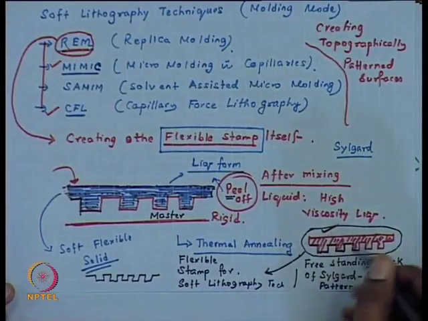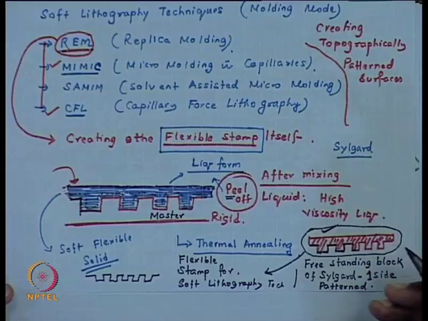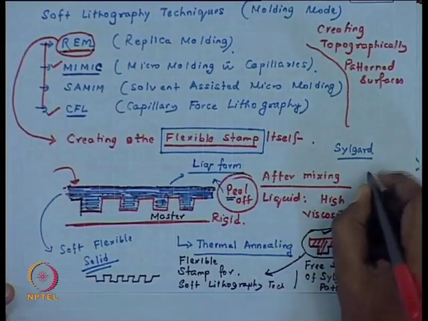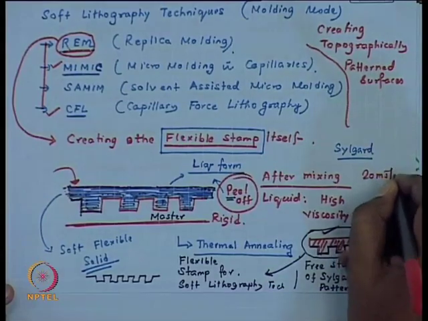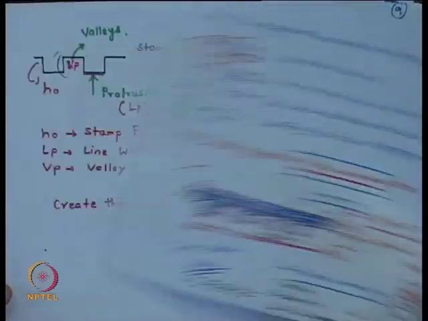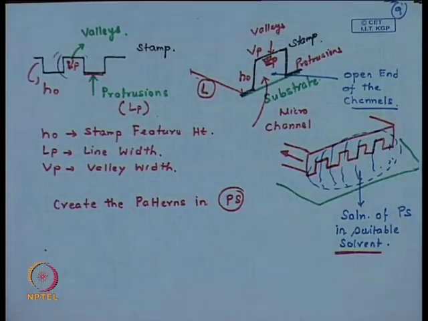One of the things is that we make this stamp mostly with cross-linked polydimethylsiloxane, which typically has a surface energy of roughly the order of 20 millijoule per meter square. In contact with water, this exhibits a weak hydrophobicity. Typically, the water contact angle, I repeat, it is the water contact angle, nothing to do with the polymer solution you are using, gives you a reasonable benchmark about the surface energy.